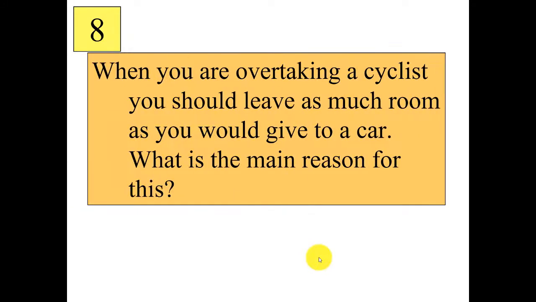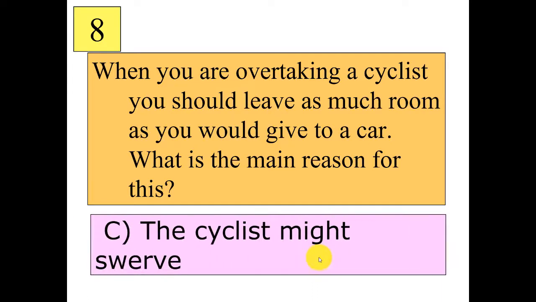Question 8. When you are overtaking a cyclist, you should leave as much room as you would give to a car. What is the main reason for this? Any idea? Well, the answer? The cyclist might swerve. Swerve is a sudden change of direction.